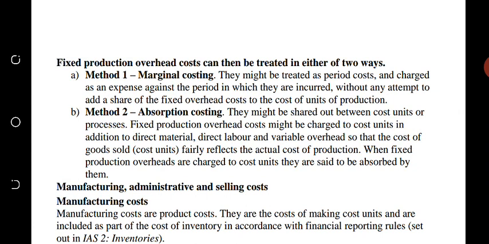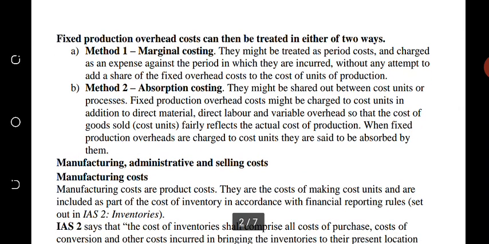So in cost accounting, we have two major costing approaches, which are marginal costing and what? Absorption costing. Now, the fixed production overhead under marginal costing is not used as part of our production costs, so they are not part of our product cost. They will be classified as a period cost.